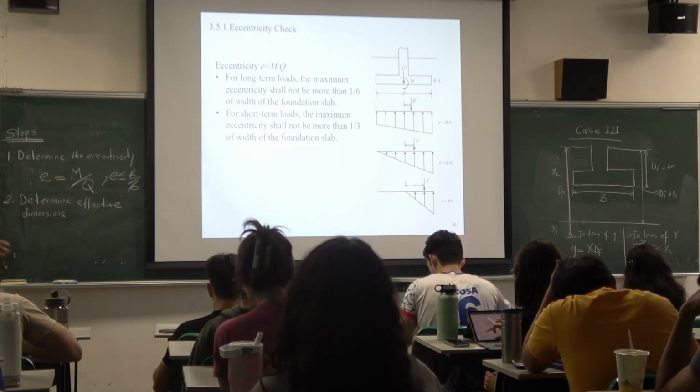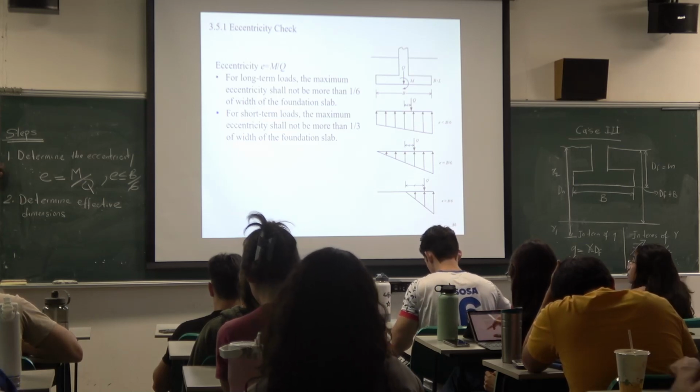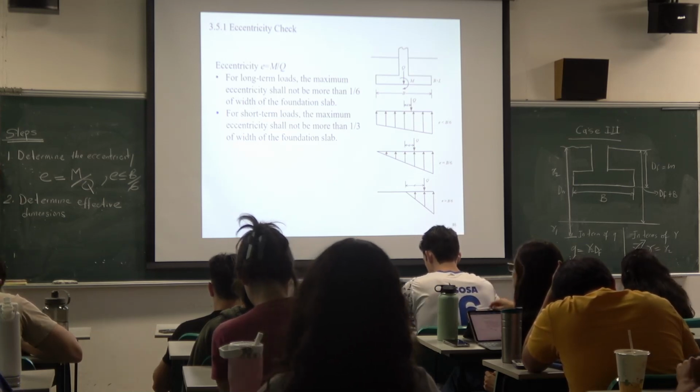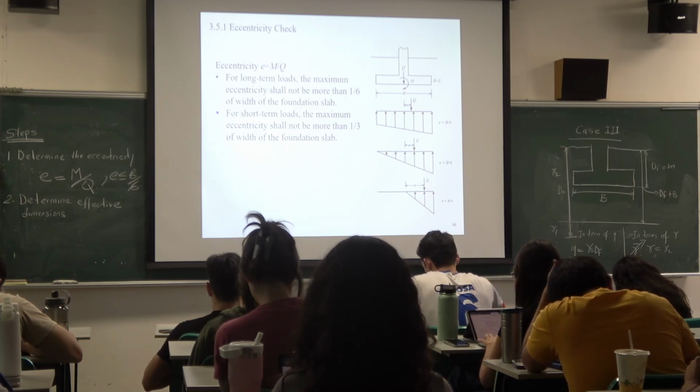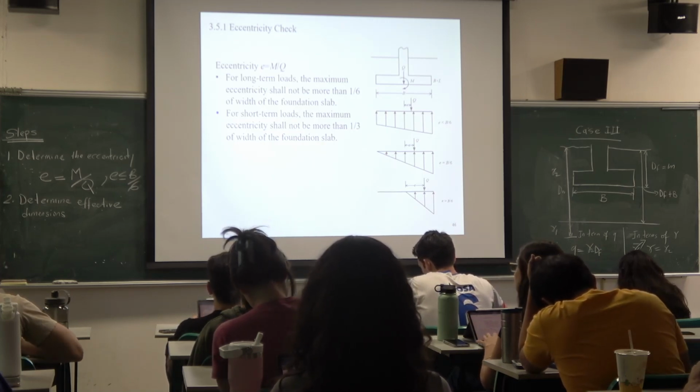Okay, so the next one, step 2, is that you have to determine the effective dimensions. So what does it mean by the effective dimensions? That's the B prime and the L prime.